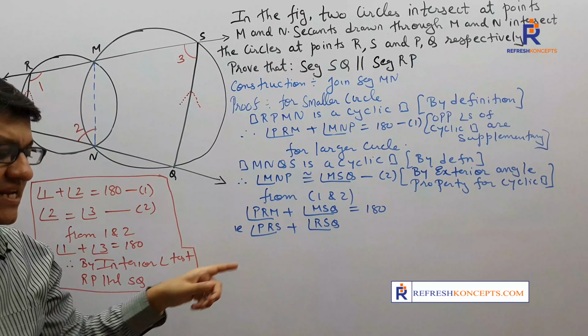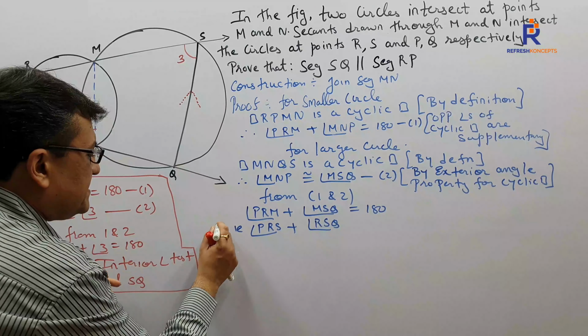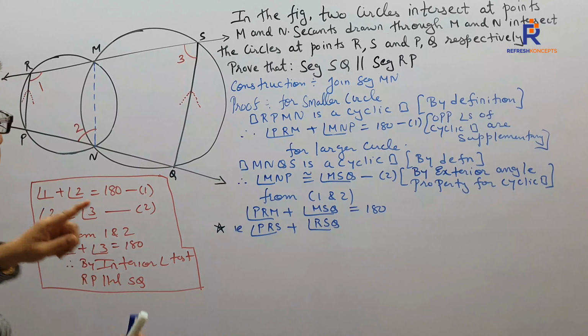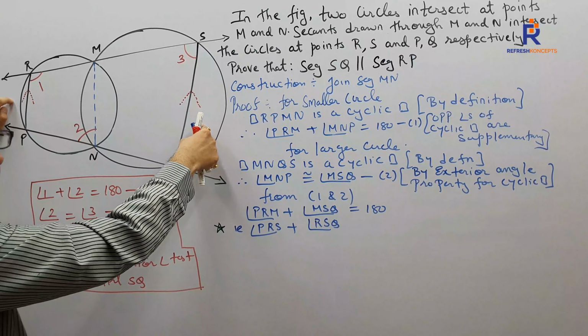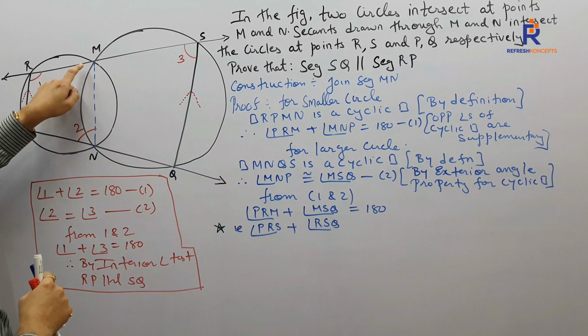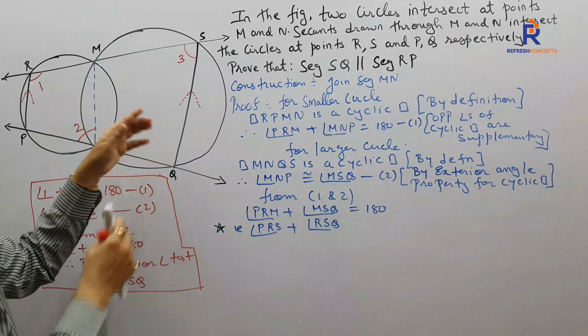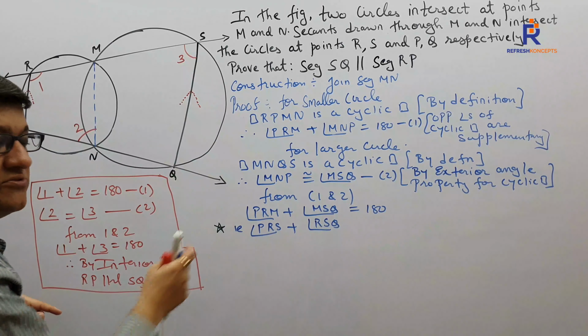Let me highlight and let me say this is an important one. See, ultimately it is for RP and SQ we are supposed to go with. So I cannot restrict myself only to MRP or MSQ. I have to go beyond and connect them. So these are the connectors, mind you.